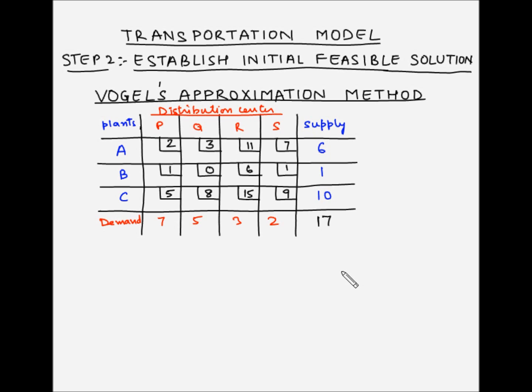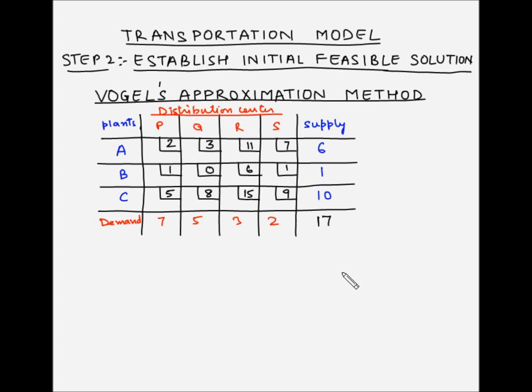And the least cost method, although it provides a better solution by allocating as many units as possible to the lowest cost cell in the table and then to the next lowest and so on, sometimes we are forced to use the highest cost cells towards the end of the initial allocations.